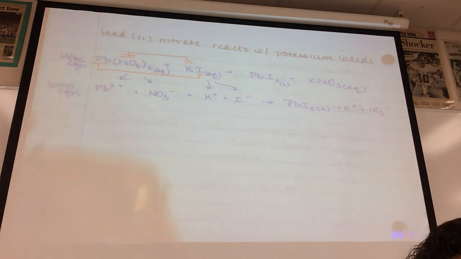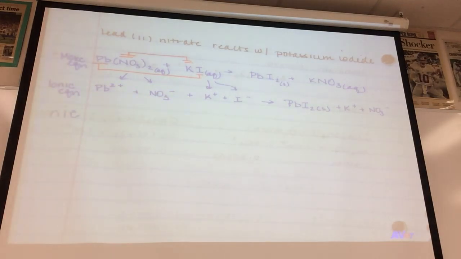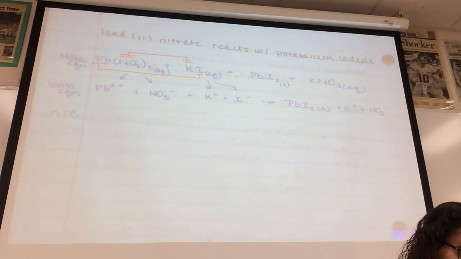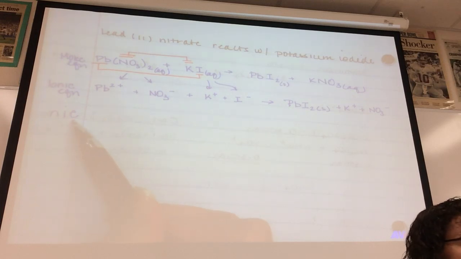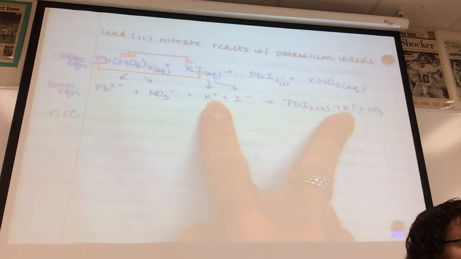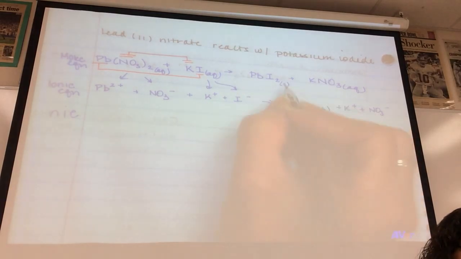You can also write a net ionic equation. The difference between an ionic equation and a net ionic equation is that a net ionic equation does not include spectator ions. Spectator ions are on both sides of the equation, and they are not directly involved in the generation of the solid product. So how come for the products, the lead and the iodide are together, while the other two aren't? Oh, solid. Okay, I got you.